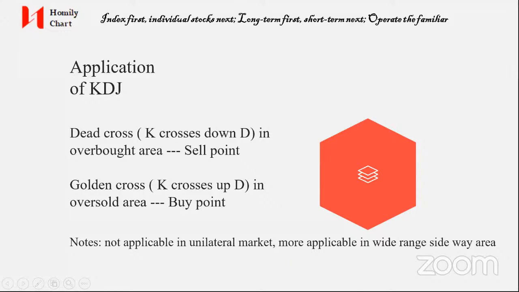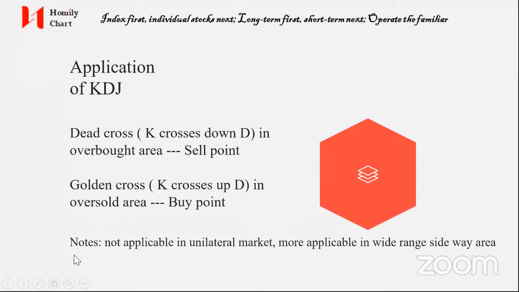It's more applicable in the wide range sideways area. If the sideways is a narrow sideways area, you would see KDJ golden cross, dead cross very frequently, no use. But if the sideways area or the volatile area is a wider range, then KDJ is very accurate, actually. That's the best situation to apply KDJ.